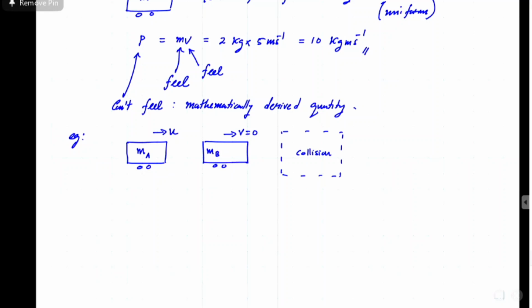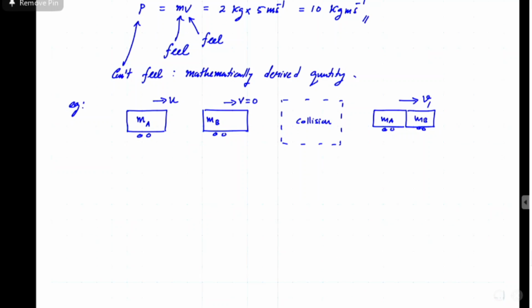Because the first car A is going to collide with B. So after collision, suppose that they stick together, MA and MB. They stick together, and then V1 would be the velocity here. You see the situation here, right? Now we say this one is before collision. This one is after collision.